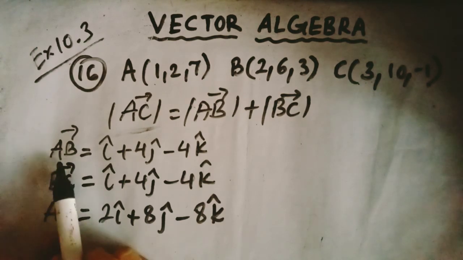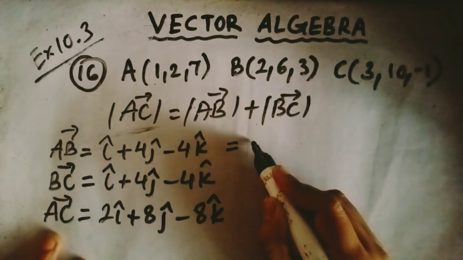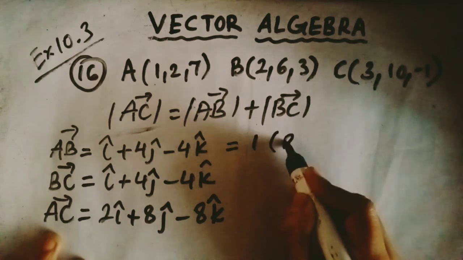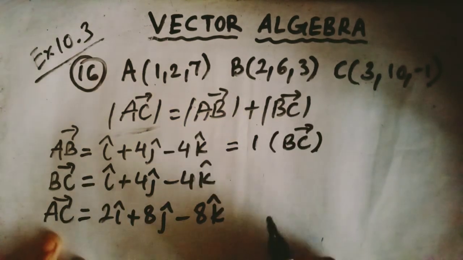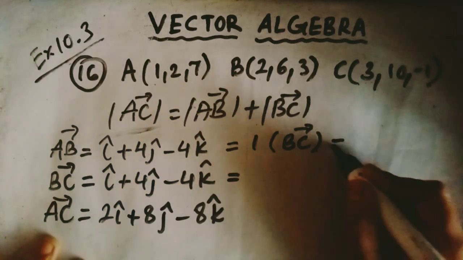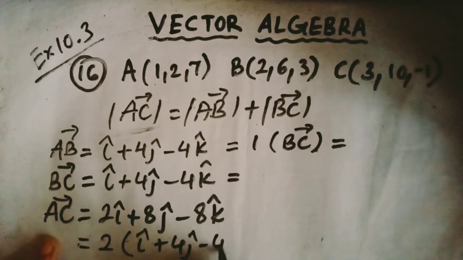Now if you look at AB can be written as scalar multiple, that is 1 into BC vector, right? Also this we can write, if you take 2 outside you will get I plus 4j minus 4k.